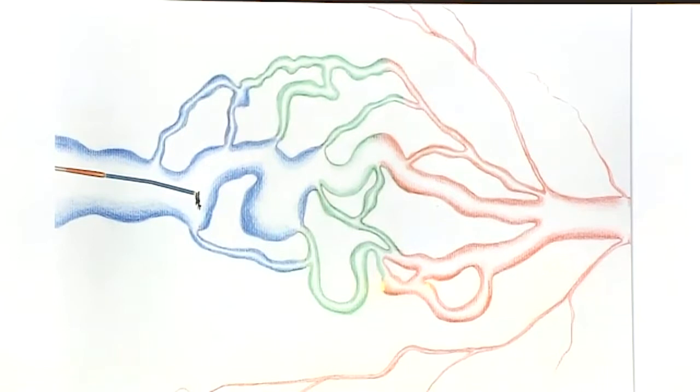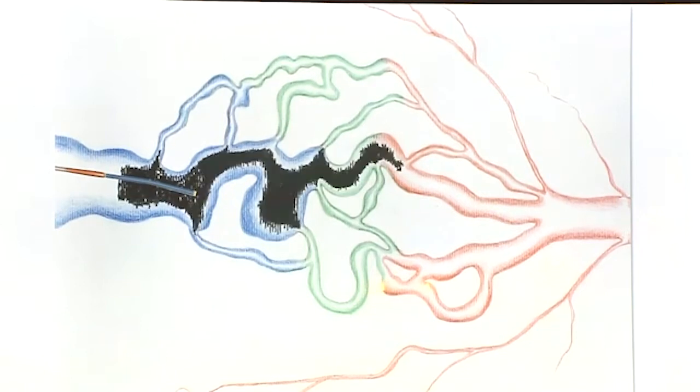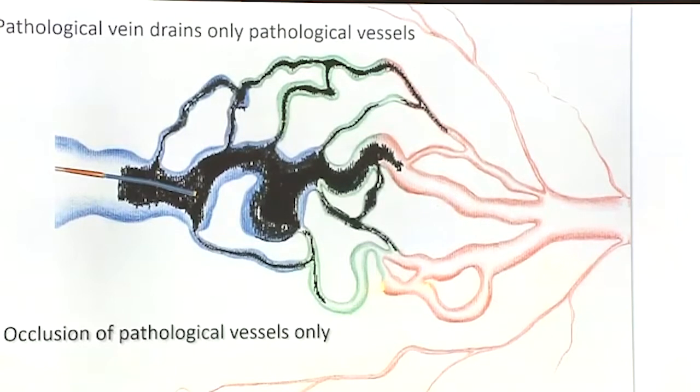I wait at the head of the catheter and embolic material, and I close the vein. Embolic material never goes retrogradely in this situation, but it needs only time. The pathological vein drains only pathological vessels, so occlusion of only the pathological vessels is possible.